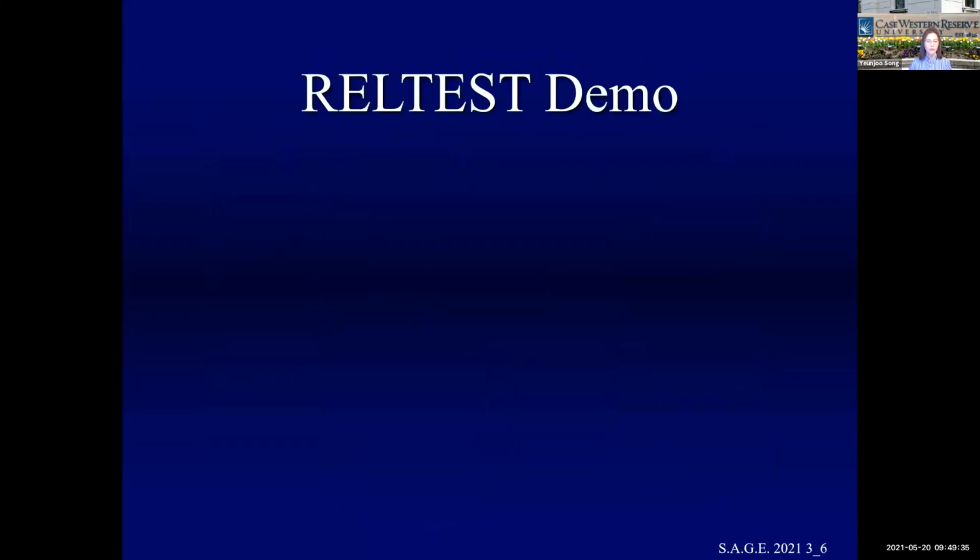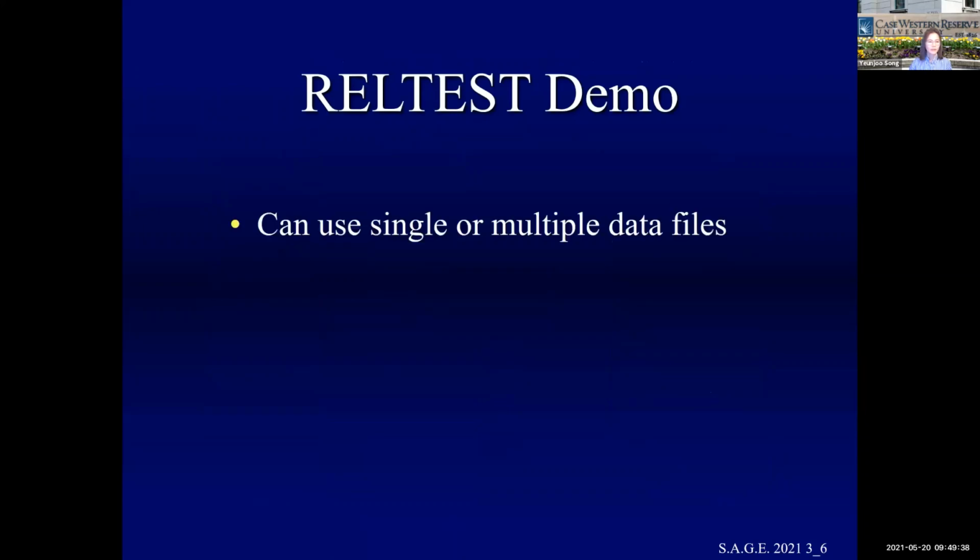So we'll go to the demo. Rel test can use a single or multiple data files in terms of a pedigree file, because sometimes we do have a separate pedigree file for each chromosome. So you can give multiple pedigree files, let's say per chromosome, and it will automatically combine all the data from the different chromosomes into one, because what we need is genomic information to compute the YJ and YJ star statistics.